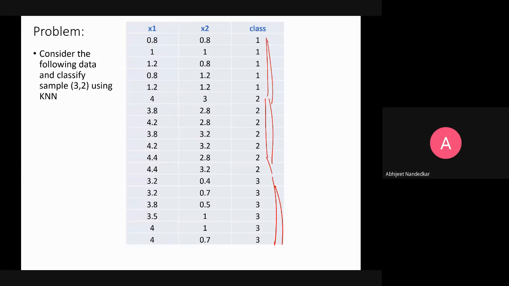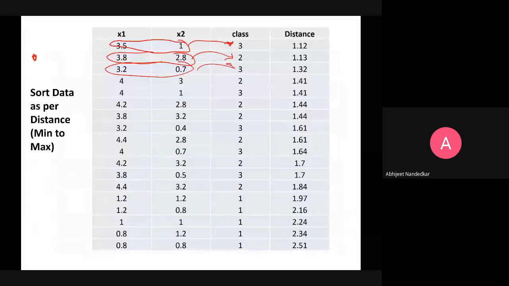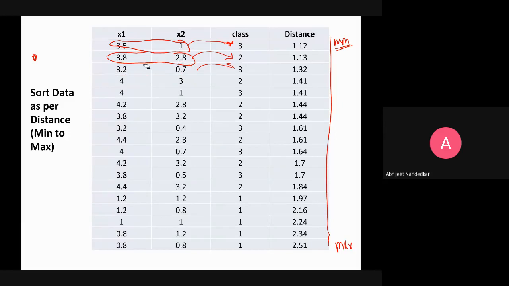So what I do is take this sample 3 2 and find out the distance with everybody, and then I sort it. This is the sorted version of the distance, from minimum distance to maximum. So this is now ordered in that way.